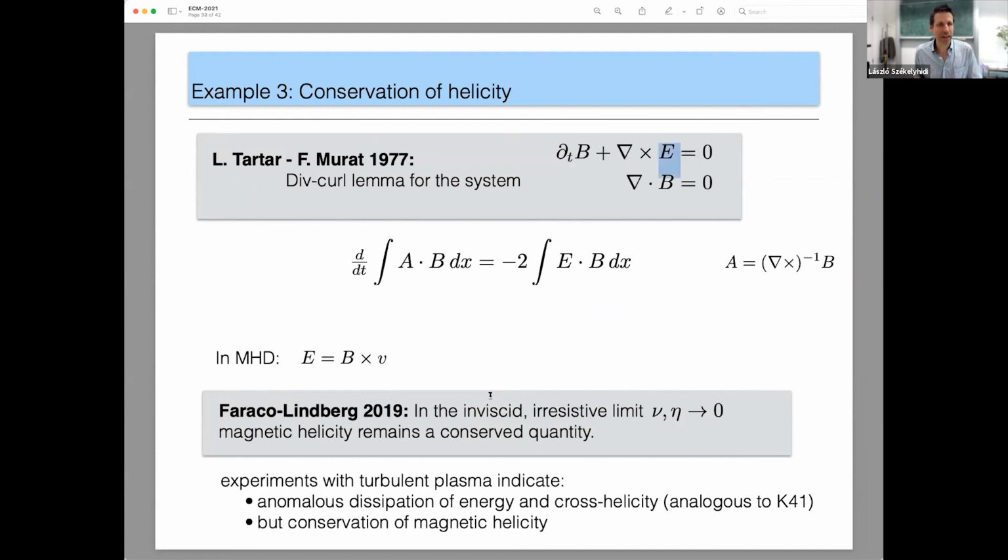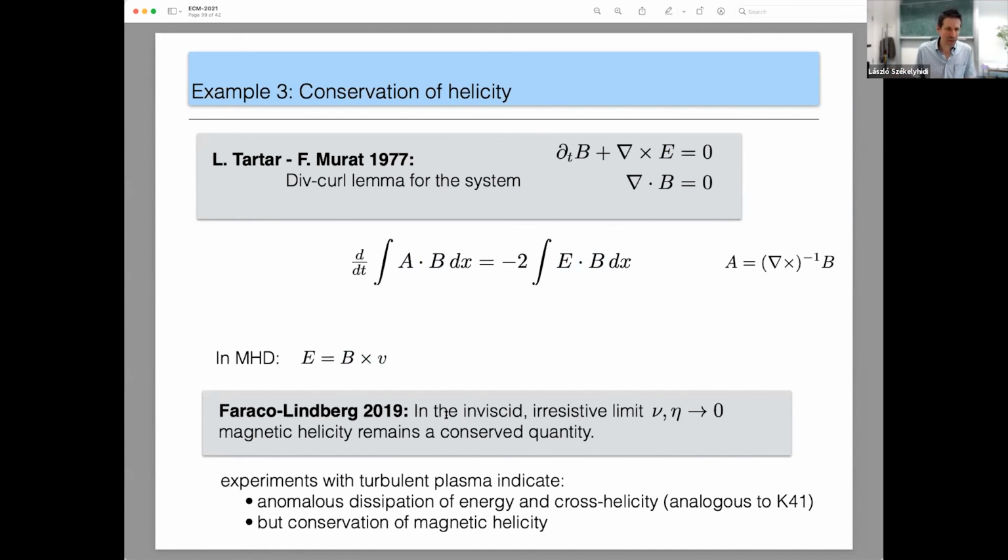There's the electric field, and in the case of MHD, it's perpendicular to B. But if you apply the div-curl lemma to this system, you see that E dot B, precisely this quantity, is a compensated compactness quantity. It's weakly continuous. And this appears precisely in the magnetic helicity conservation.